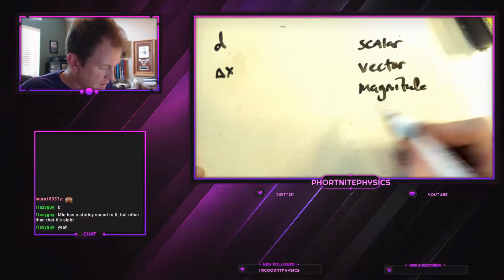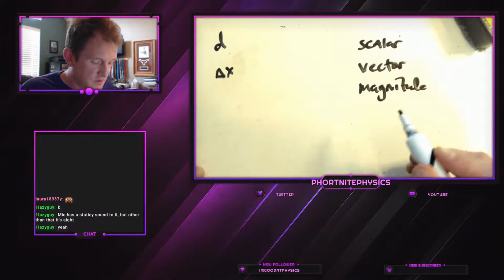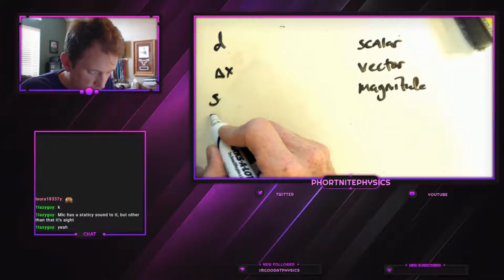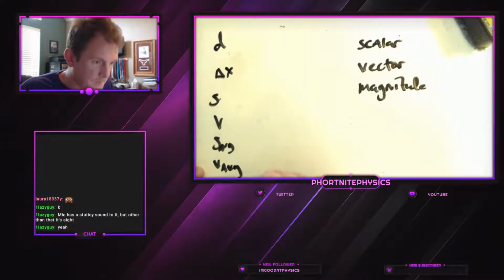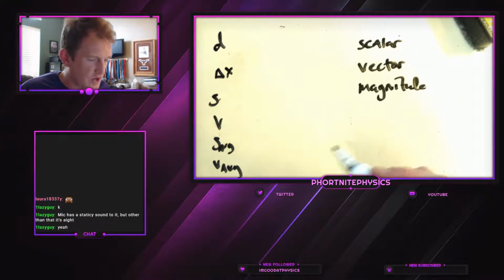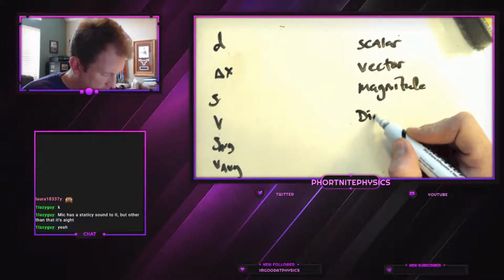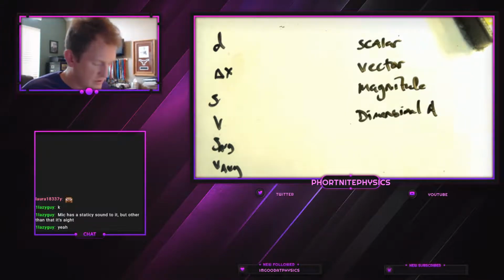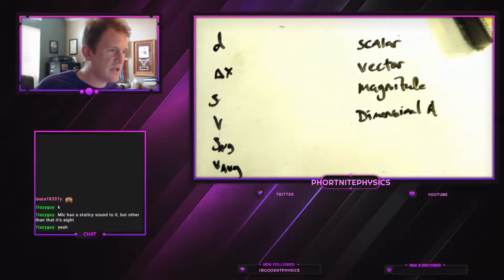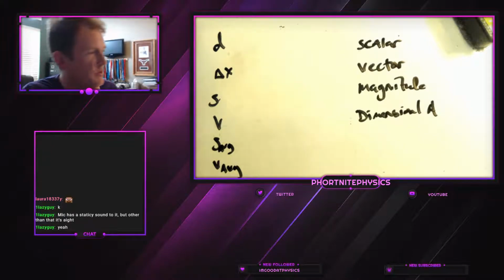Magnitude, speed, velocity, average speed, average velocity, instantaneous velocity, relative velocity, mathematical. Okay, so we're not going to talk about all these things, but let's go ahead and add dimensional analysis. There we go. And that'll be the end of our vocabulary. Let's come back. All right, cool. Okay, everybody can see all those things.